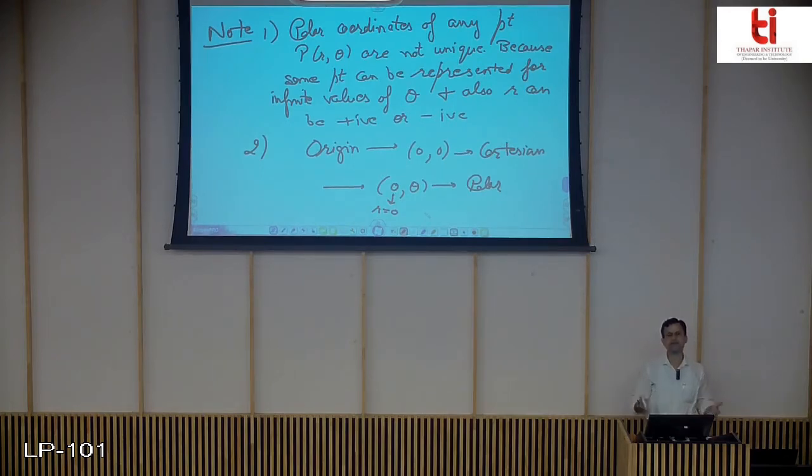No matter what theta I take, I will always remain at the origin. So for polar you have the representation (0, theta), and even for R fixed at 0, theta varies. Theta can have infinitely many values, and the origin still has infinitely many representations. You can see how polar coordinates have infinitely many representations.